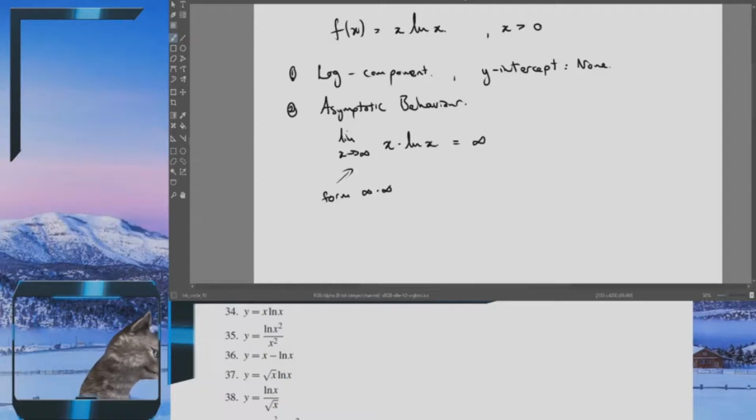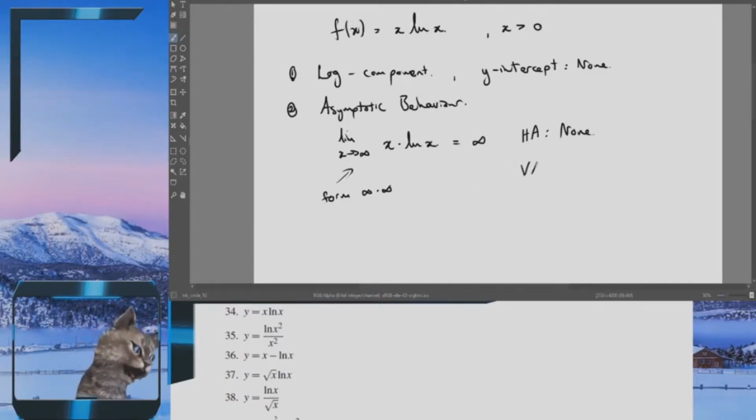So some of these limits are, or can be, quite straightforward. And so I have no horizontal asymptotes. It makes no sense to look at the left side, there's nothing there.